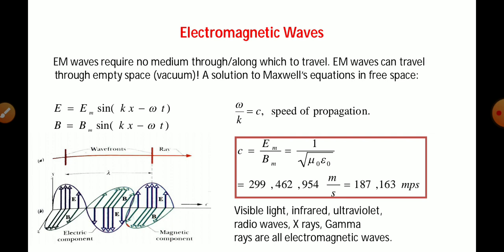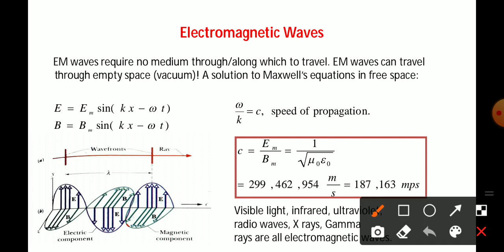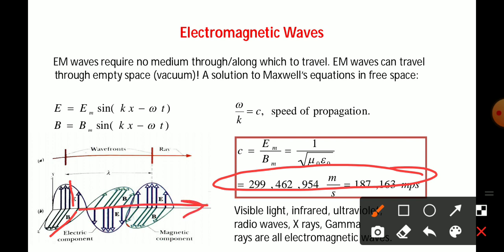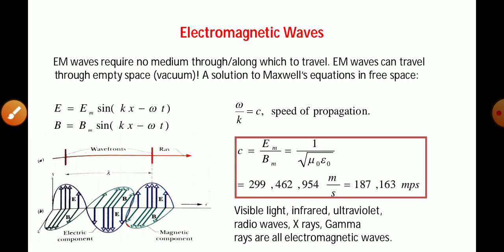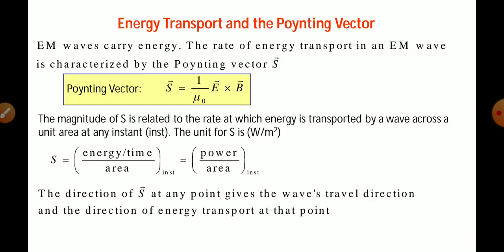If you put in the values for mu 0 and epsilon 0, the value for c will be about 3 times 10 to the 8 meters per second. And as I told, the electric field and the magnetic field are perpendicular to each other, and the wave flows perpendicular to those fields, that is in the direction of E cross B. The wave will travel there.